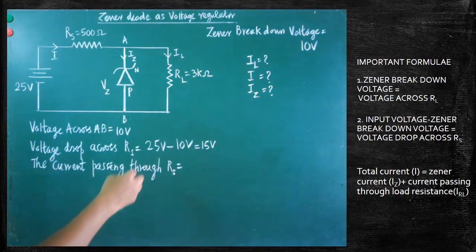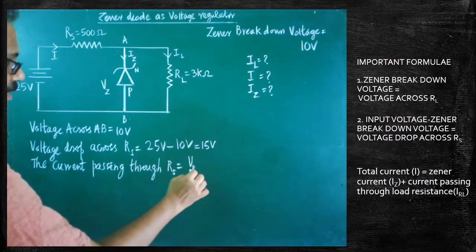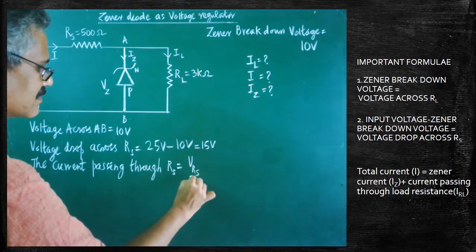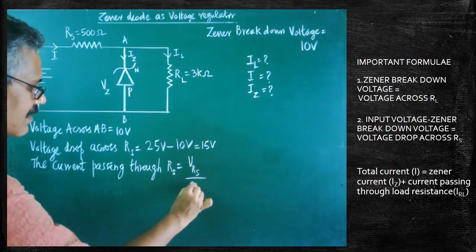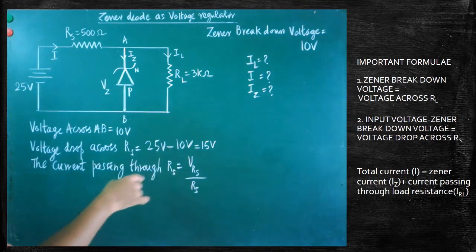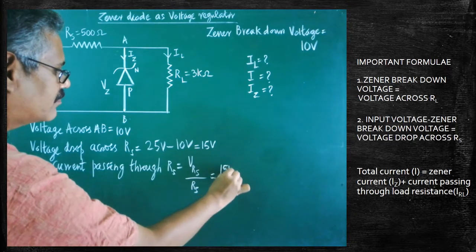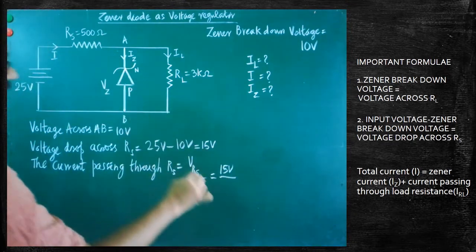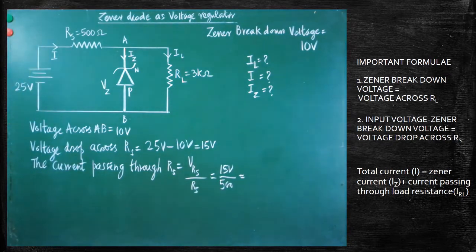The voltage drop across RS is already found out. The voltage drop across resistance RS is 15 volt, divided by the value of this particular resistance, RS, which is clearly 500 ohm, to be substituted. Therefore 15 volt divided by 500 ohm, that is the formula. Are you clear? Substitute now. You are able to get the current passing through RS.